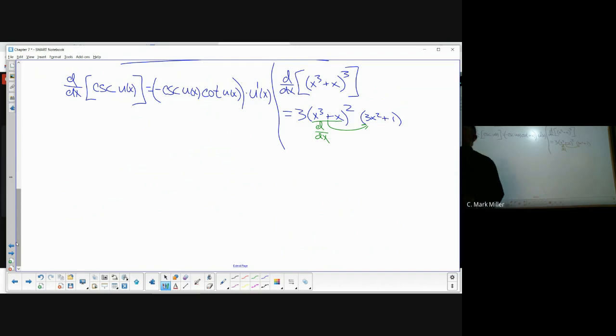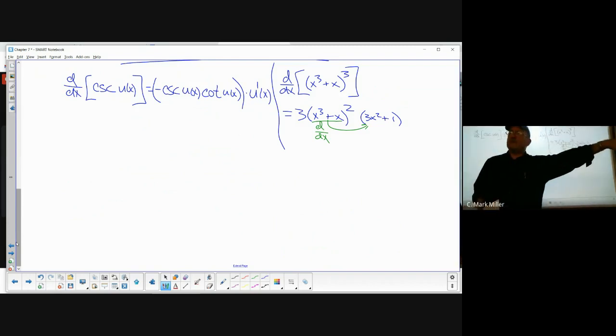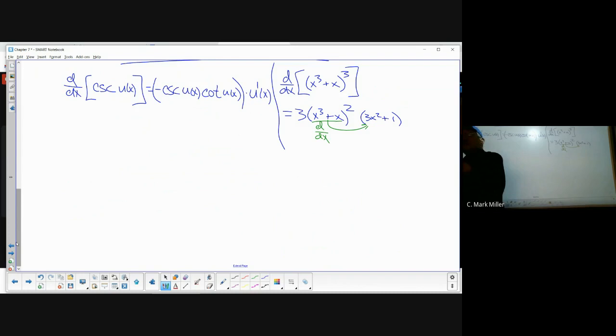If a differential equation is homogeneous and you try to do it by separation of variables, you won't be able to separate those variables. If it's first order linear and you try to do it by separation, you're not going to be able to get all the x's on one side and all the t's or y's on the other.